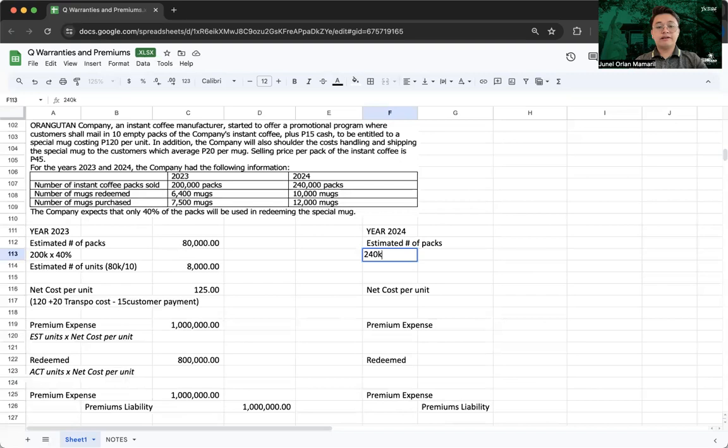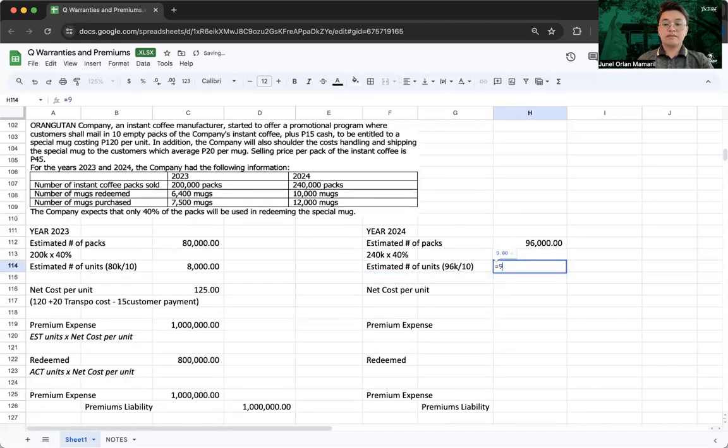We have sold 240,000. Our estimate is 40%. So that would be 96,000. Tingnan natin, estimated number of units. That would be 96,000. Kailangan natin ng 10 empty packs per unit of giveaway. So we have 96.